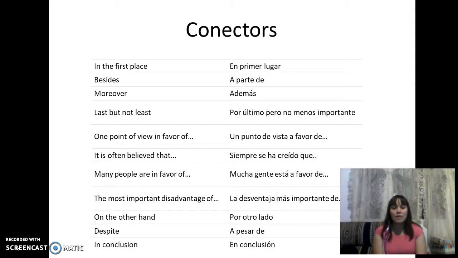Hi guys, my name is Nancy and I'm showing you some examples of argumentative type of text. It's very difficult to find some examples, in this case of the solar eclipse, the argumentative text.